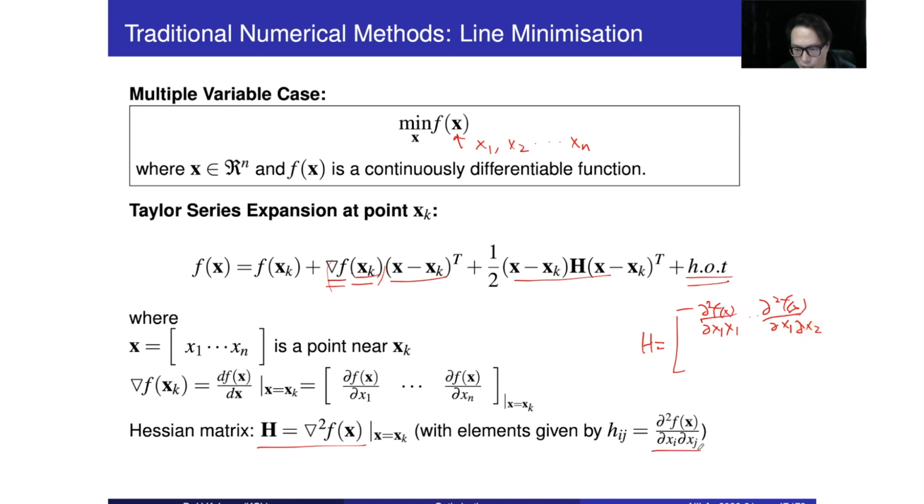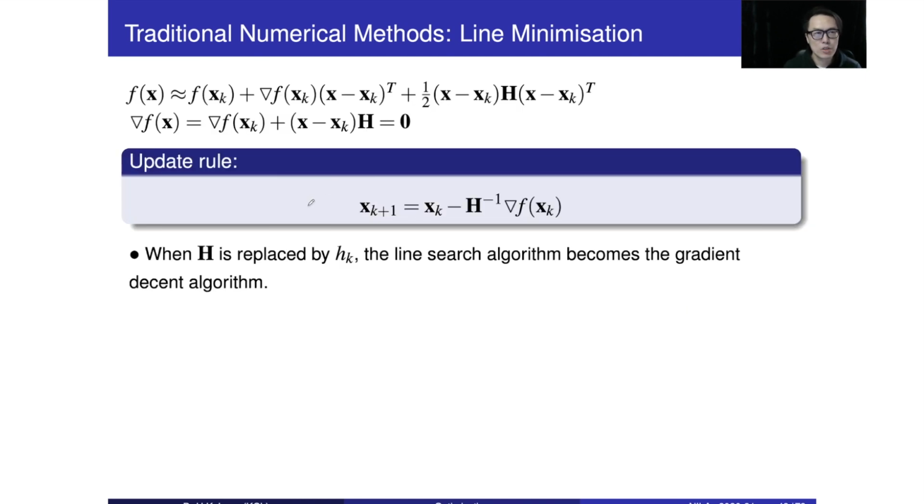Each element in the ij position is given in this matrix, and it forms the Hessian matrix. So this is a vector, this is a matrix, and this is a vector. When you multiply them together, it becomes a scalar function.